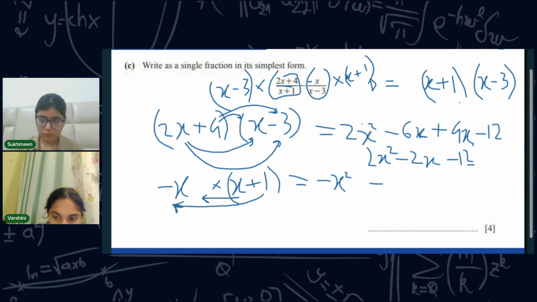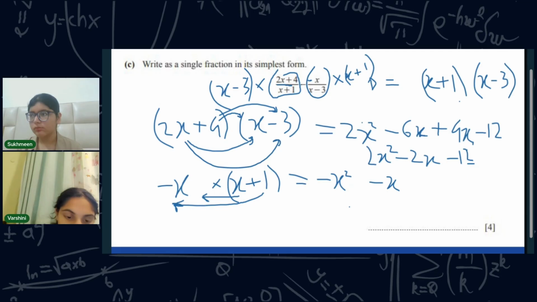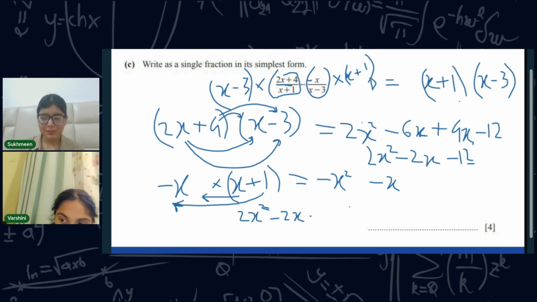So we can take this out. Minus x. So now that we have the numerator, we can rewrite this as 2x squared minus 2x minus 12 minus x squared minus 2x.